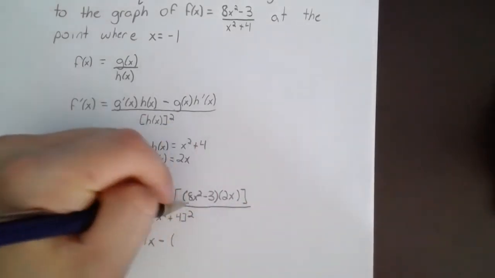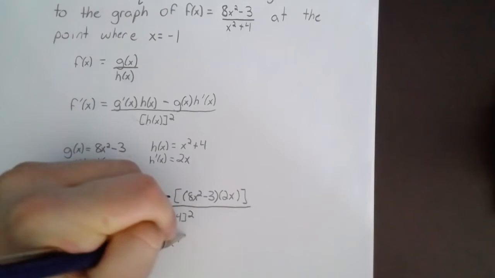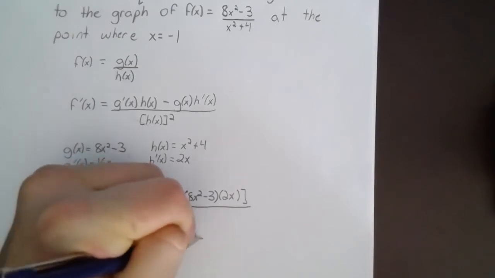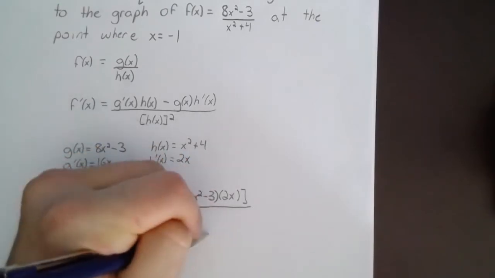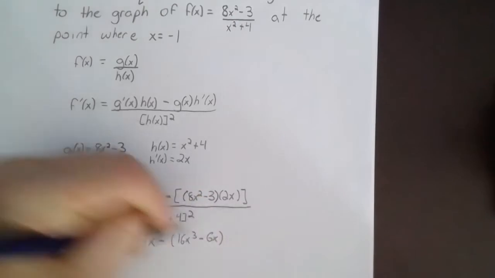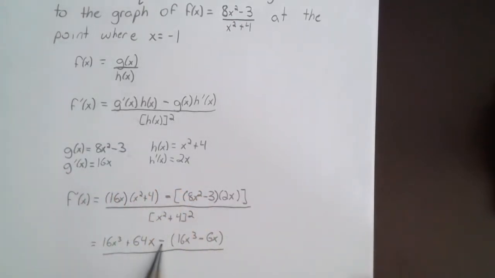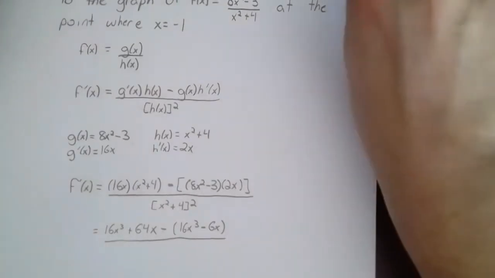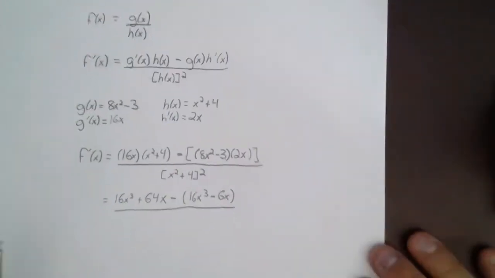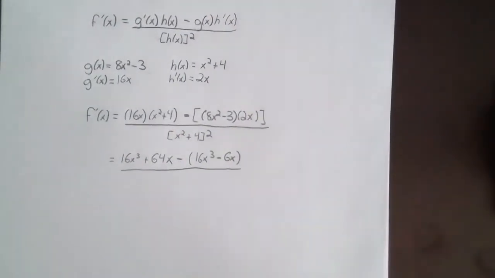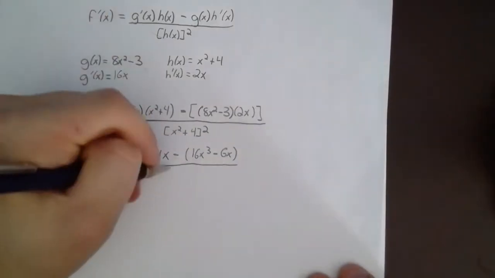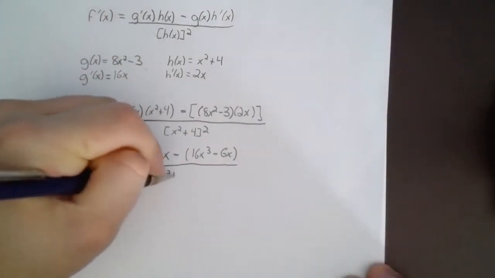So 2x times 8x squared is 16x cubed, minus 3 times 2x is just 6x. And I always keep that in brackets because of this minus sign here. A lot of times people will forget to distribute that negative throughout that last bracket, and that's a big mistake. And then we're going to keep the denominator the way it is.